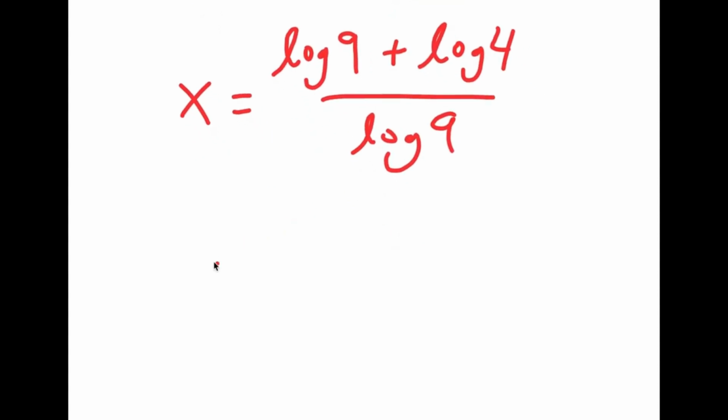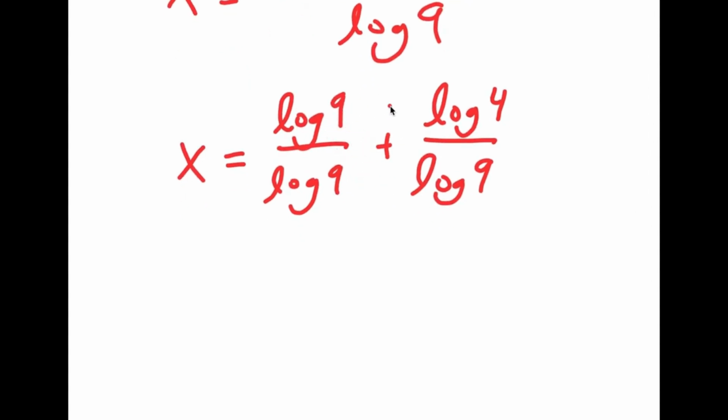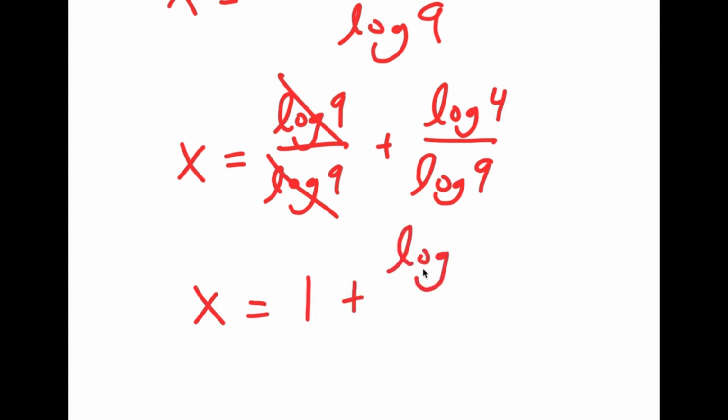Now from here, I'm going to rewrite this fraction as log 9 over log 9 plus log 4 over log 9. All I did was divide log 9 into both of these terms. Now anything divided by itself is 1, so log 9 and log 9, these two cancel out, and I get x is equal to 1 plus log 4 over log 9.